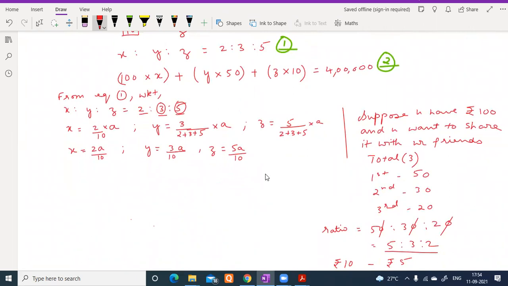Here, what is A? Let A be equivalent to rupees 100 here.